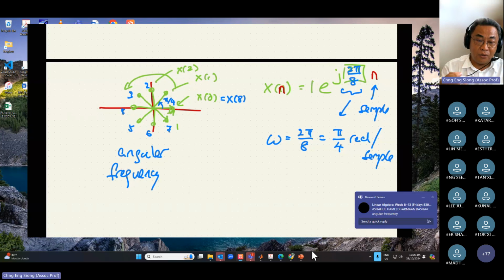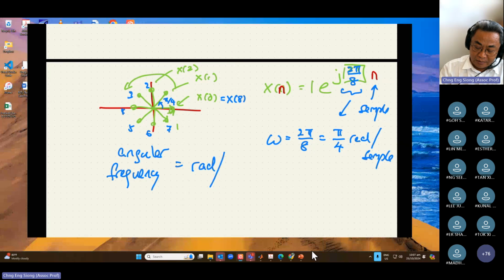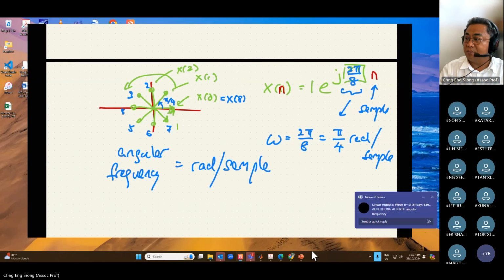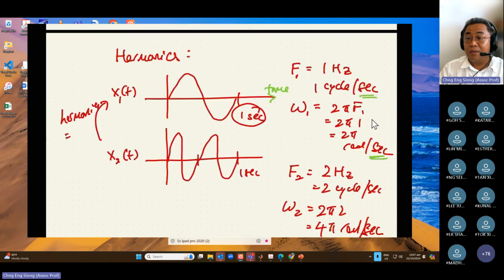I have an angular frequency of how many radians per what, guys? The unit is not time, it is sample. In the previous example, it was radians per second because I was in continuous time.